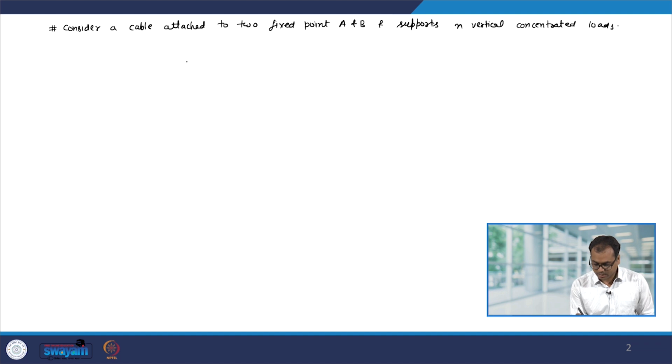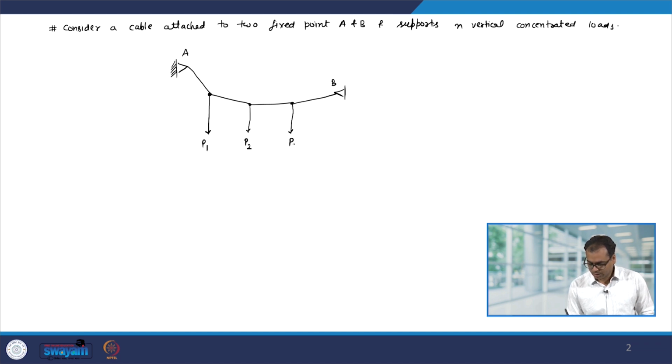So, we have these two fixed points, A and B, and this cable is hanging between A and B, and there are n concentrated loads. These are the points from where the loads are hanging. Let us say their magnitudes are P1, P2 and P3, and of course, there can be n.